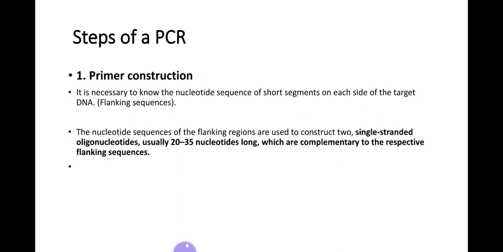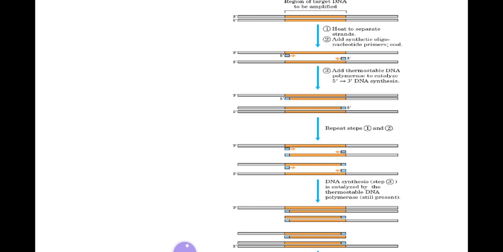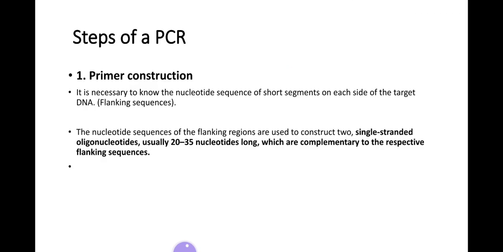See, these are the primers, the blue ones. They are complementary to the sequence of the DNA molecule at the 5' and at the 3' end. These are short nucleotide sequences.